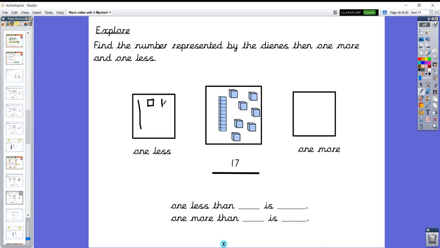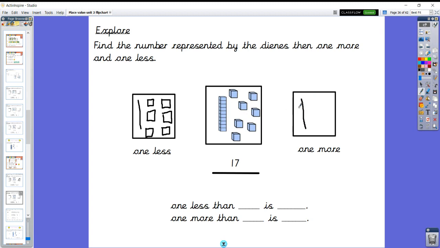So there we go, 1, 2, 3, 4, 5, 6, and if we count in our 10s and 1s to double check, we've got 10, 11, 12, 13, 14, 15, 16.